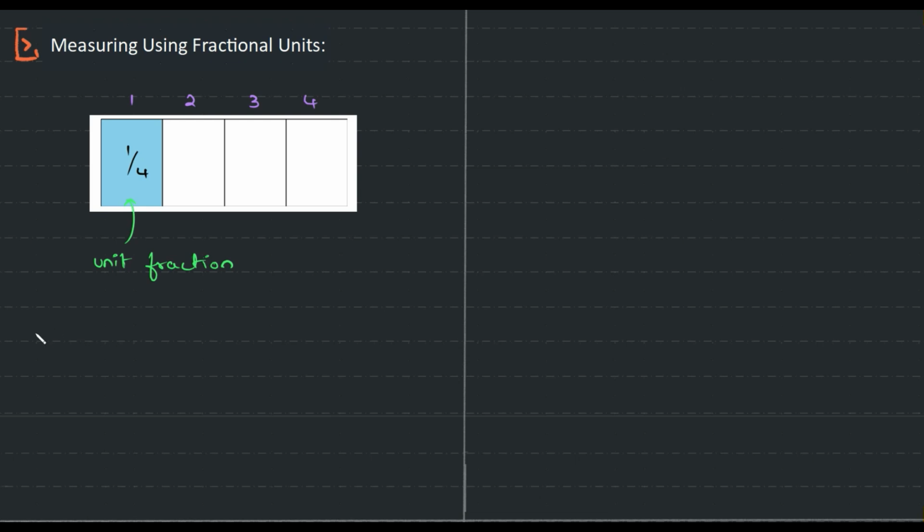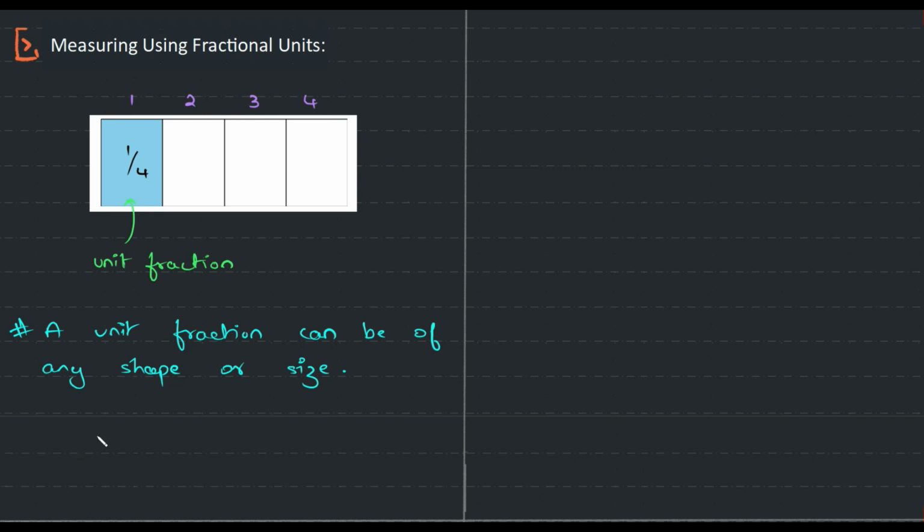So we also have seen that it can be, or let me write it this way, a unit fraction can be of any shape or size. This too is true, is it not? So we have seen this extensively.